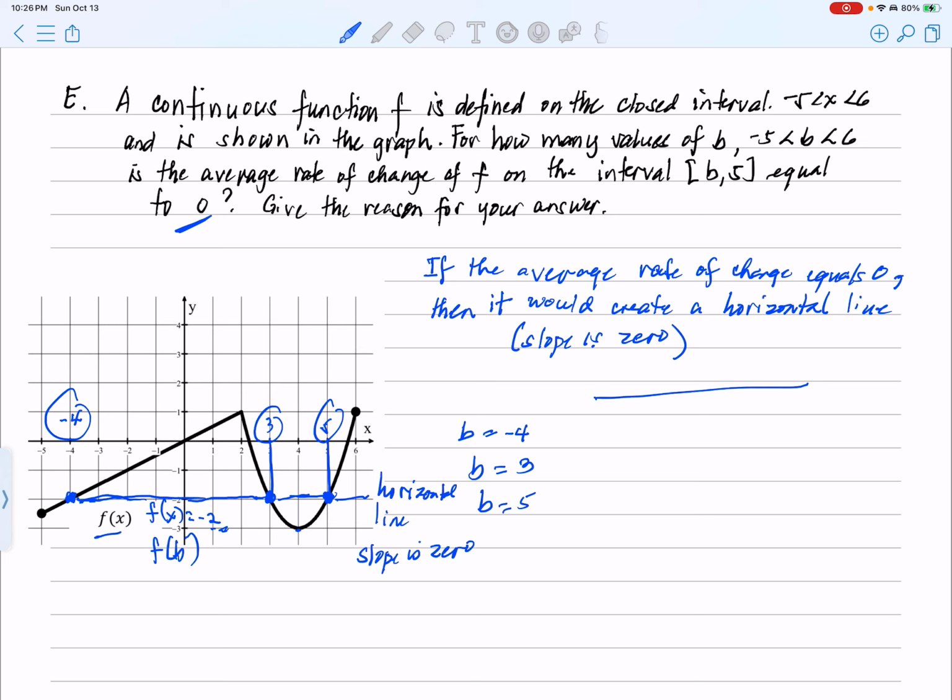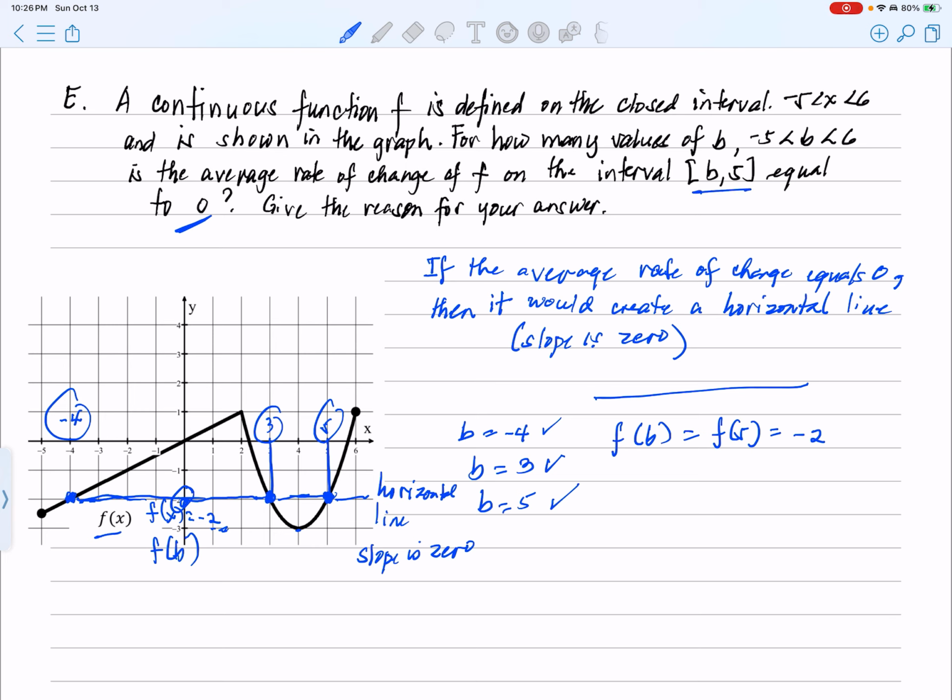So say you have the f of b and the f of 5. What is the value? The value is -2. All of them, the 3, 5, and -4, have an f of b which is -2. So these values are the ones giving you a slope of 0 in the interval of b and 5.